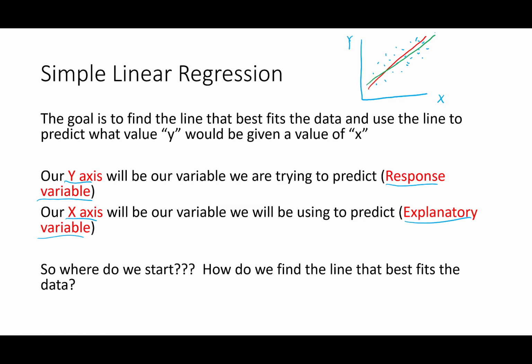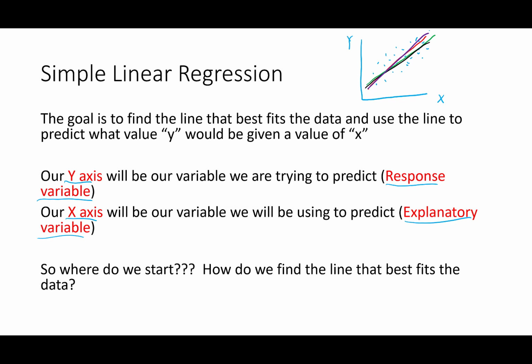Both of them seem to be doing really good jobs of representing that data. I can also throw in another line and another. I could just keep drawing lines that are doing a good job of representing your data. We want the best one, not an okay one, not a very good one, not an amazing one. We want the best line because that line will give us the best predictions.